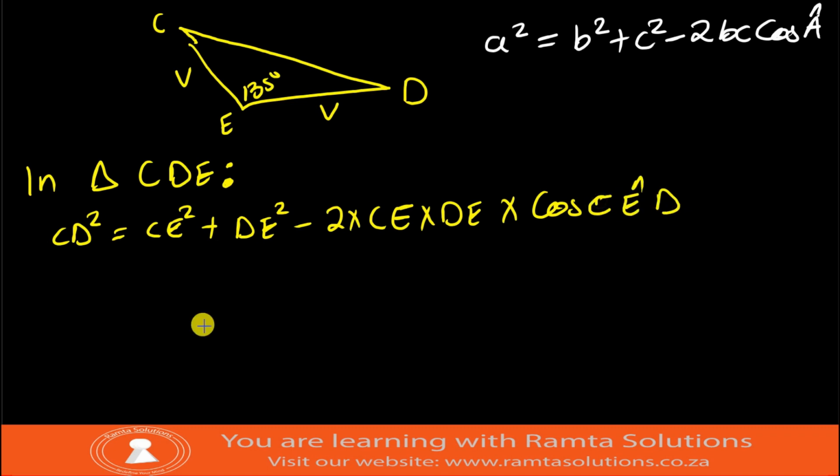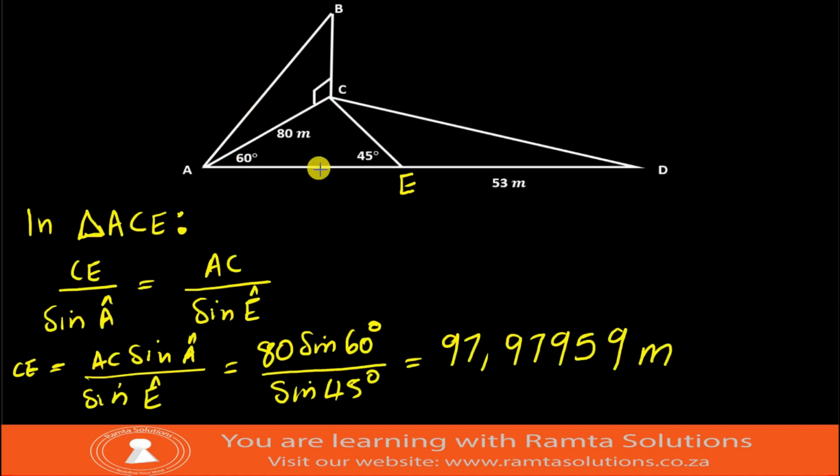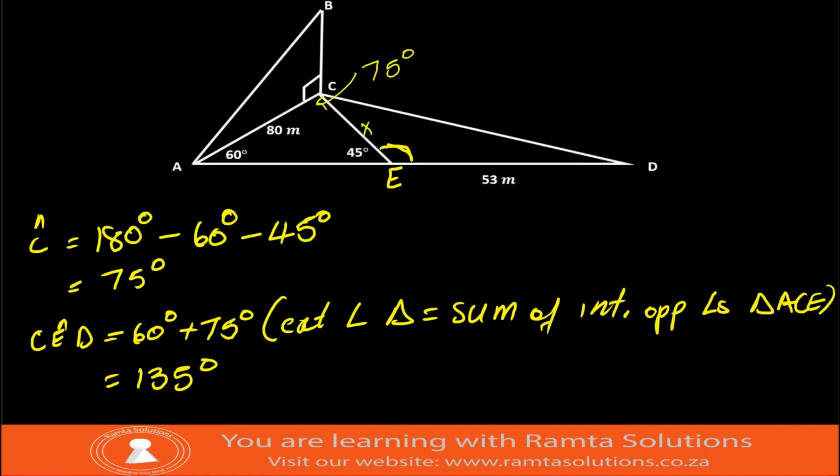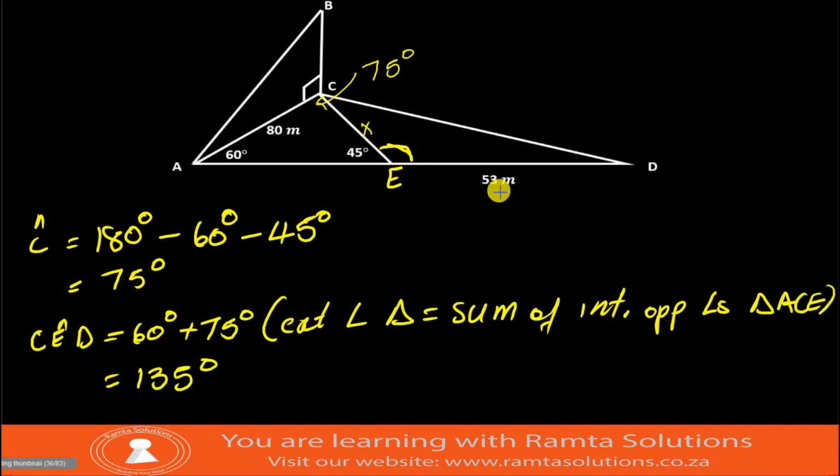Now, what is CE? We calculated CE earlier. I think we found it to be 97 point something. Yes, it was 97.97959 squared plus DE was 53.